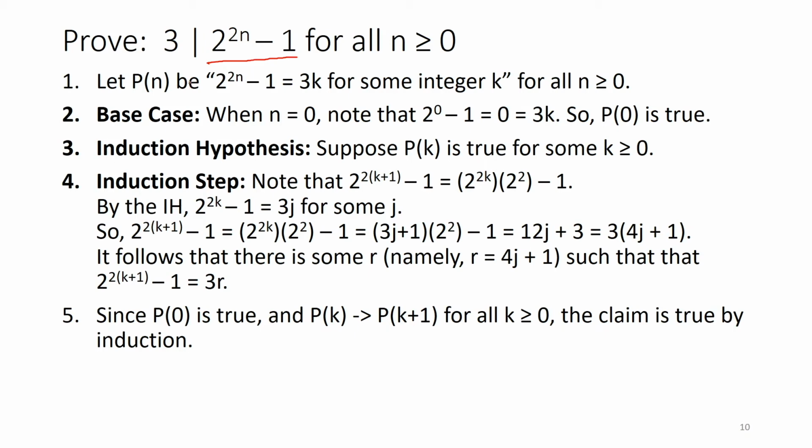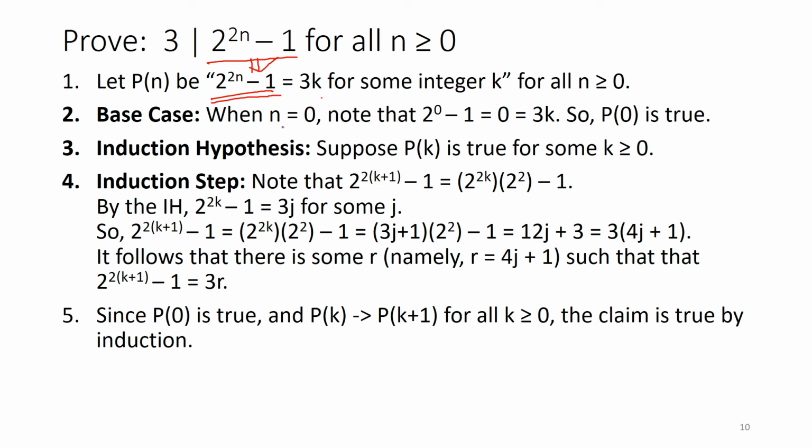So we can write down these to this. 3k is a multiplication of 3, and this is the same as this. So we don't know about k, but we can prove this using induction.